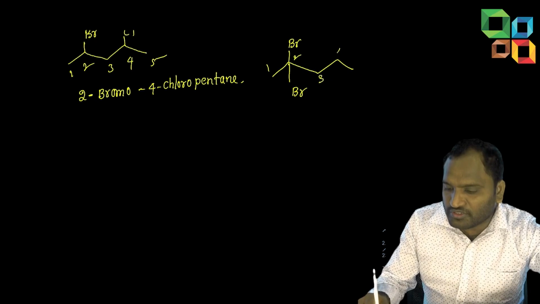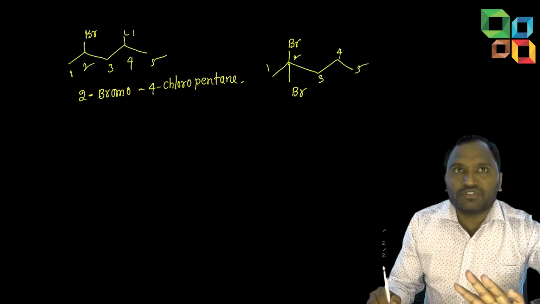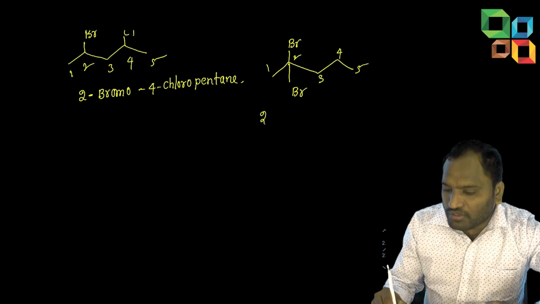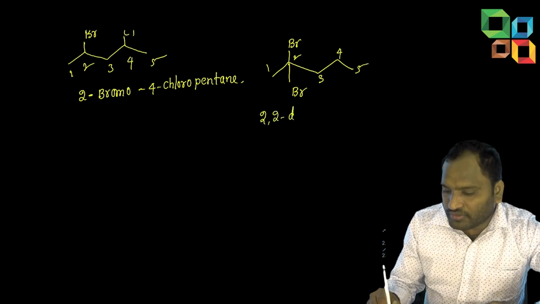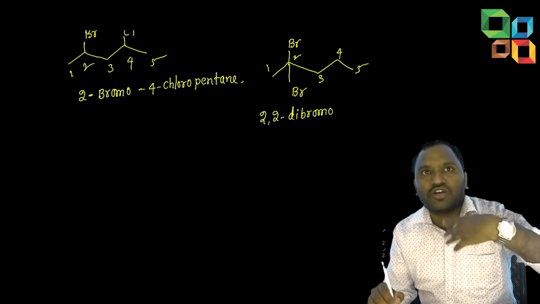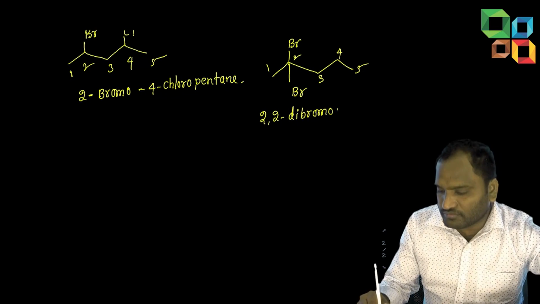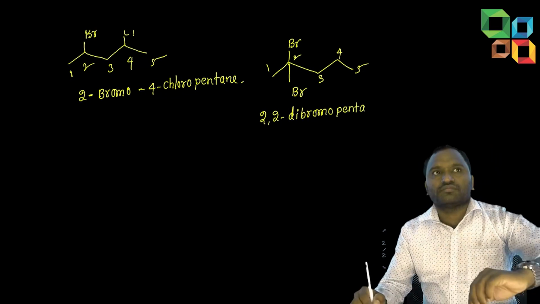The substituent should get the lowest number, I say. And if it is at the same position also, you have to write 2,2-dibromo. That location you have to mention 2 times: dibromopentane.